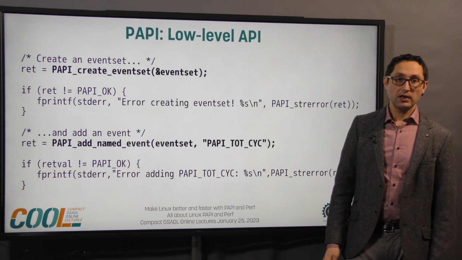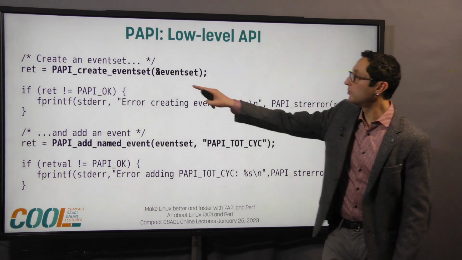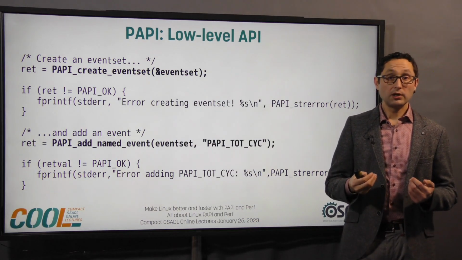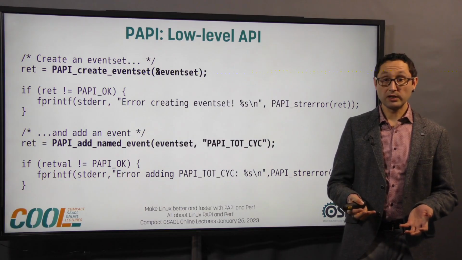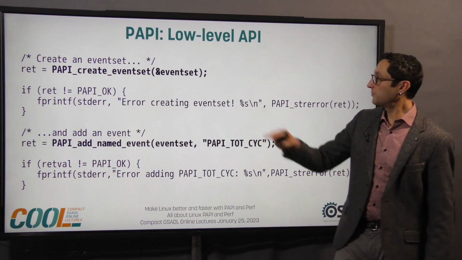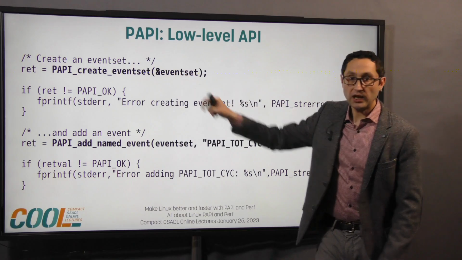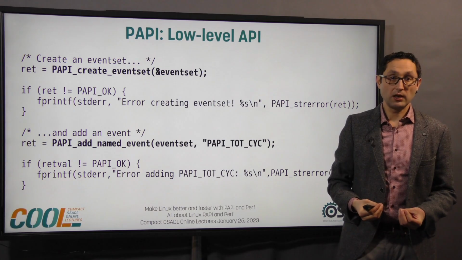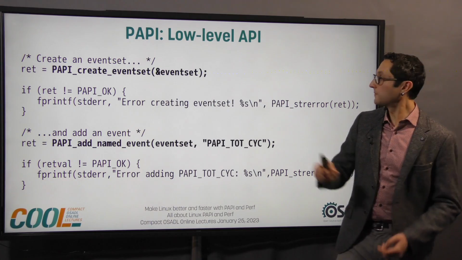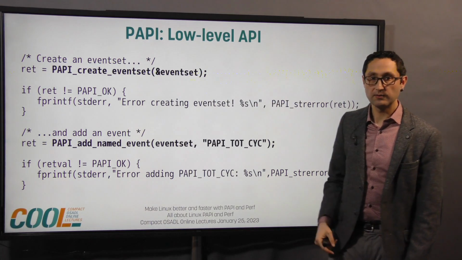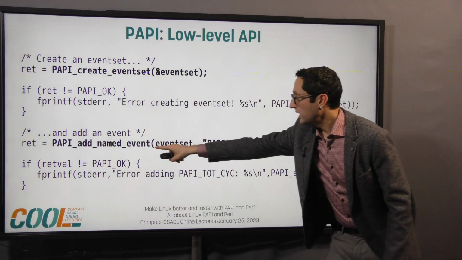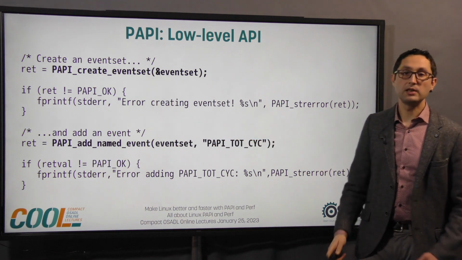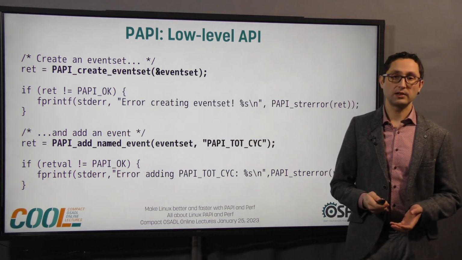Then in the next step, we need to create a so-called event set. You remember with perf, we told it on the command line which events we really want to count, right? This is pretty much the same thing we do here with the API. We need to tell PAPI which events we want to count, and therefore we need to create an event set. So we create an empty event set, and then we start adding events. In this simple example, we just want to count the number of total cycles that have been spent.